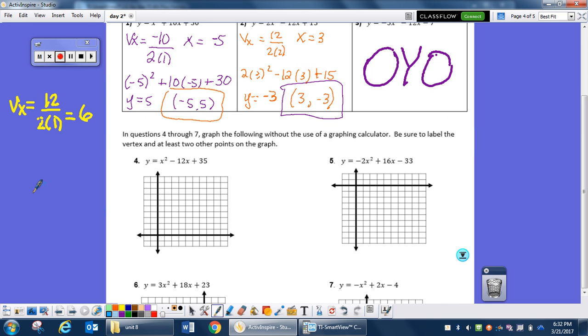Alright, and then if we want to find the y-coordinate, we have to do 6 squared minus 12 times 6 plus 35. Okay? And that got us to -1. So your vertex, you want to plot as 6, -1.